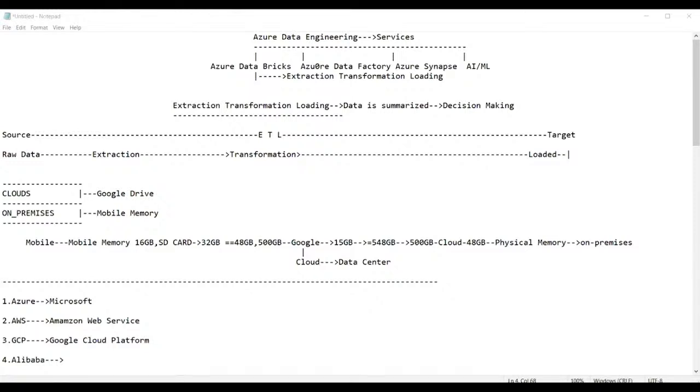Combined, we'll see a type of project anyways, a case study you can say, not exactly a project.